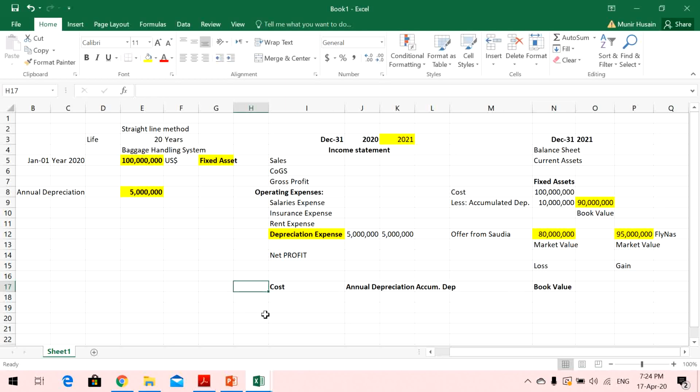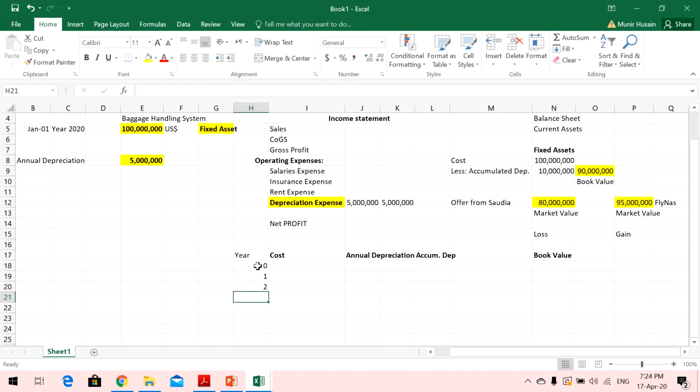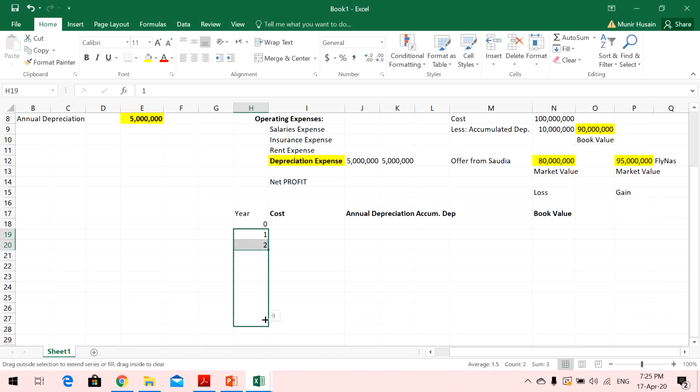And here let's say we have our year 0 today, which is at present value, and after 1 year, at the end of year 1, then year 2, and let's say this asset we are going to use for 20 years.